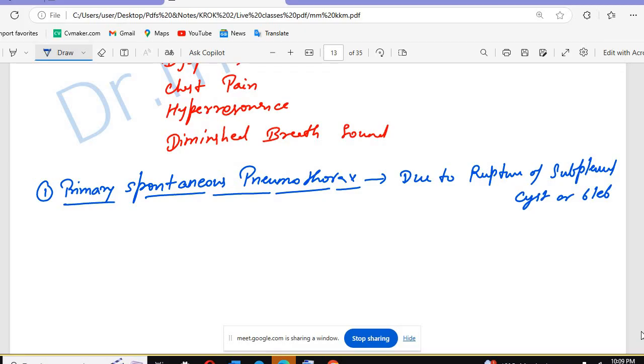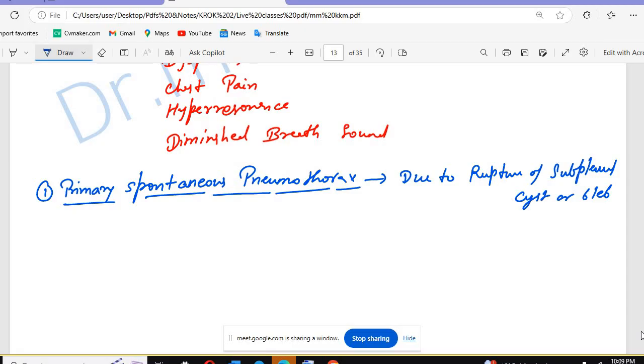Primary means the origin or location is related to that region only. Here we are talking about the lungs. In the lungs we have the pleura, we have the subpleural region. So if you get any cyst in the subpleura, that will be the primary cause.